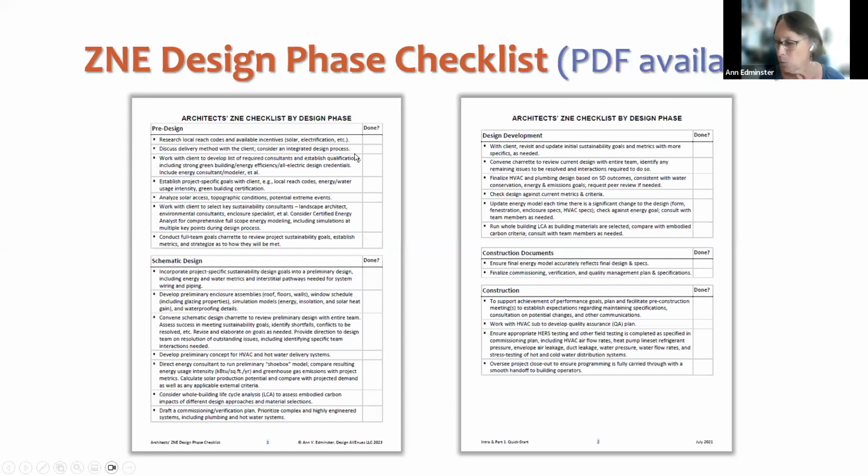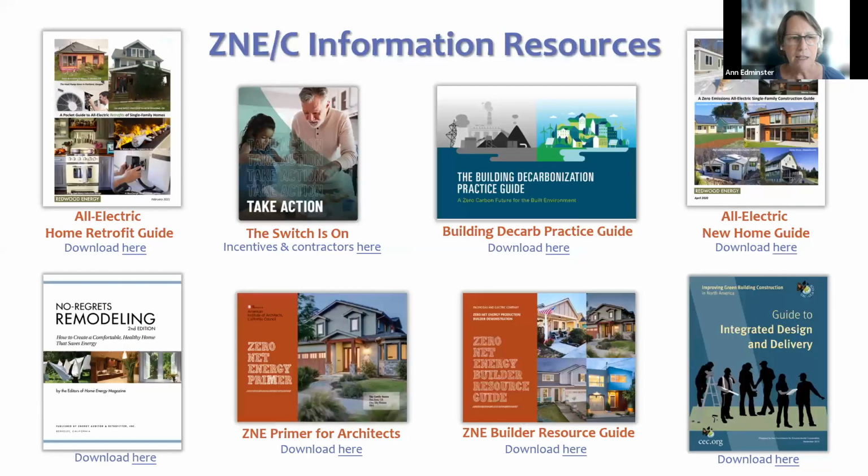And wrap up with some resources. This is a very abbreviated checklist that I can make available to you all via your folks at CRAN. That's just kind of a few high level reminders of things to be thinking of phase by phase. And then here are 8 publications that, between them, have hundreds of other resources within them.